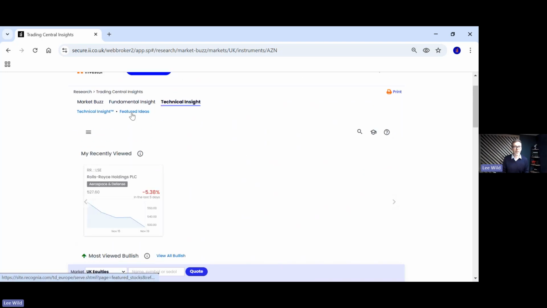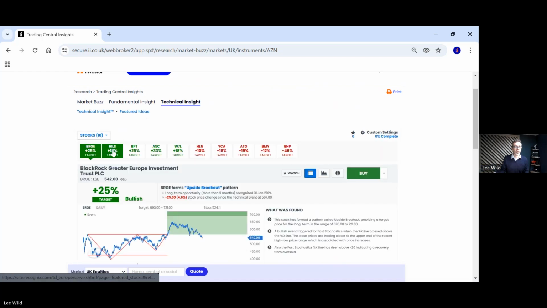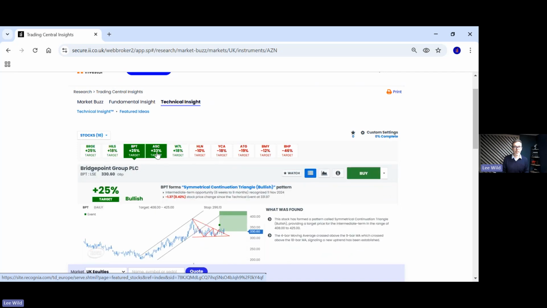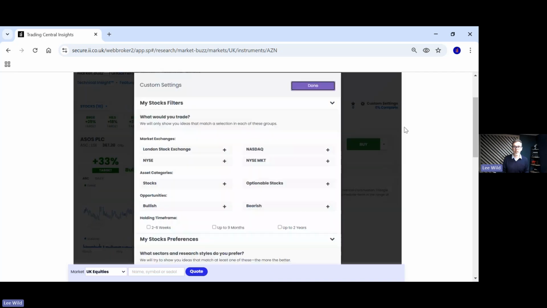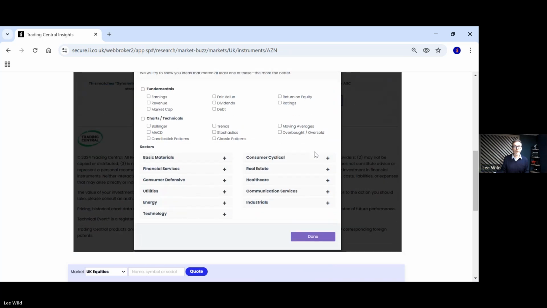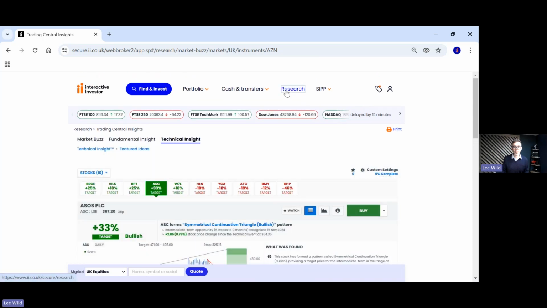You've got Technical Insight, you've got Featured Ideas. This is something Gary mentioned towards the end of his presentation. Lots of ideas, up to 10 ideas there, bullish and bearish. And your custom settings on the right-hand side. Lots of choice there. So we'll go back to the Research Hub.